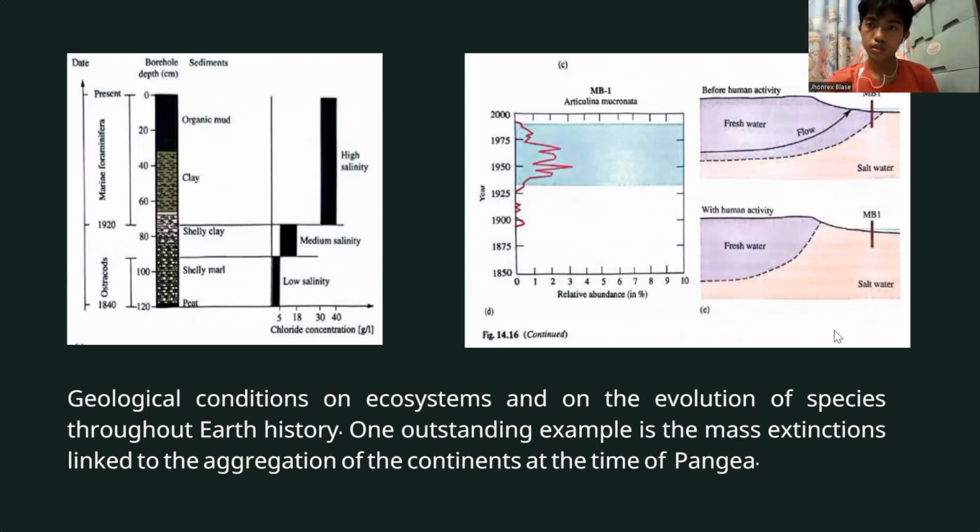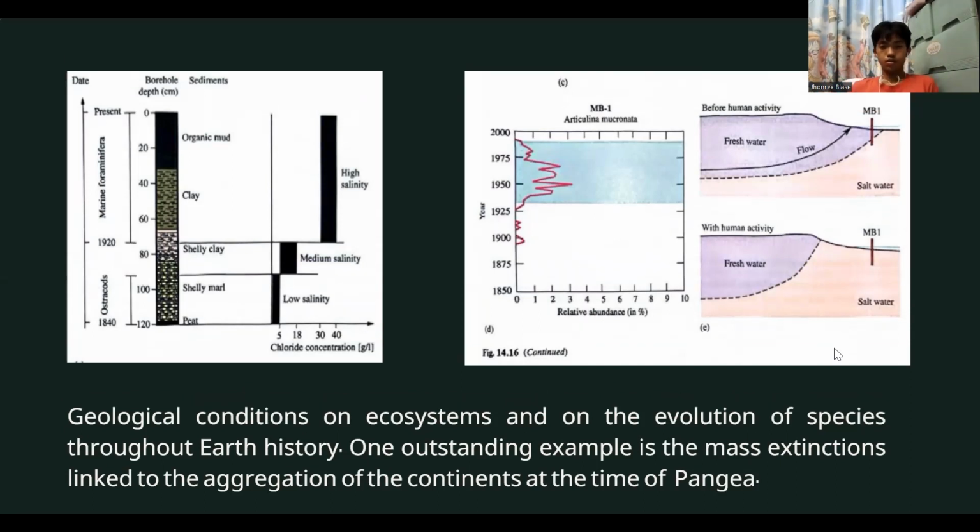Throughout Earth history, one outstanding example is the mass extinction linked to the aggregation of continents at the time of Pangea. So, understanding the interaction between the subsurface and the surface phenomena is crucial for understanding the biosphere.